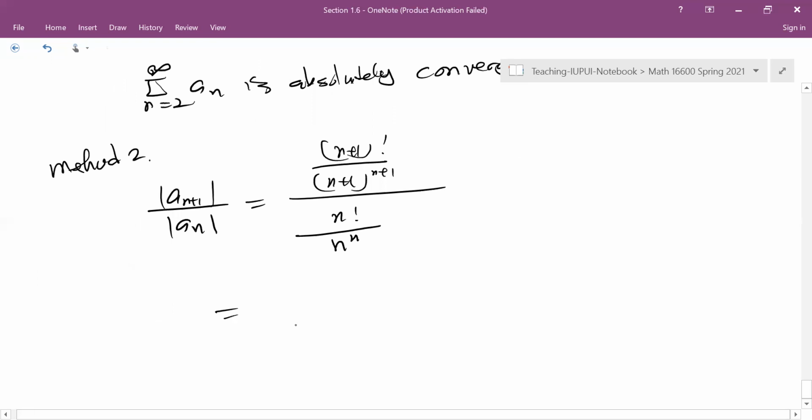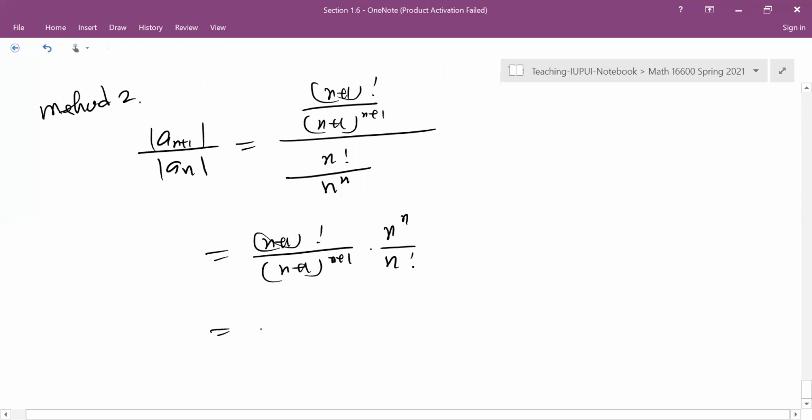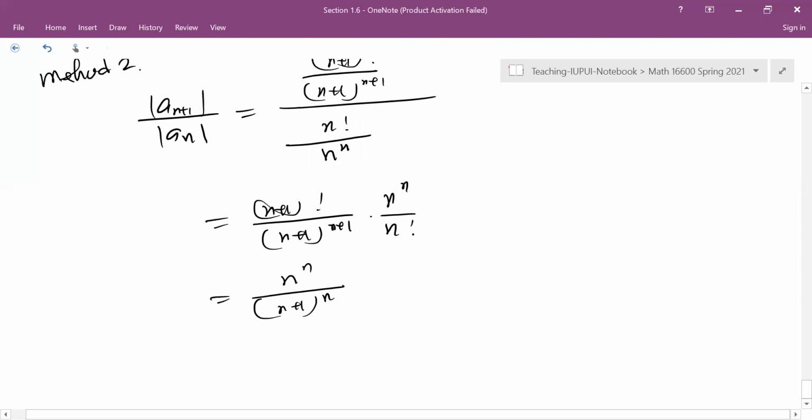So after we simplify it, here's n plus 1, n factorial, n to the n's power. After we simplify, we get this. Now the question: what is the limit? It's less than or equal to 1, but what is the limit?